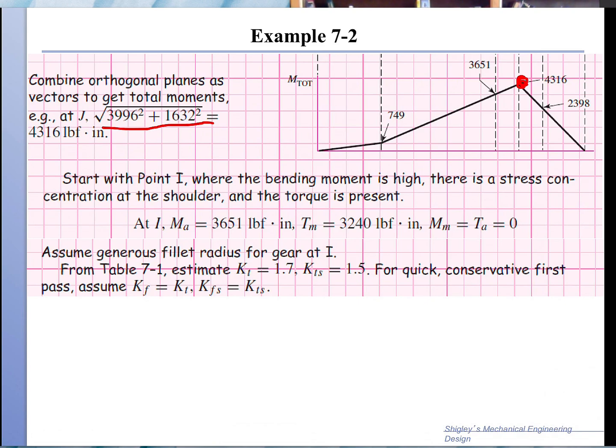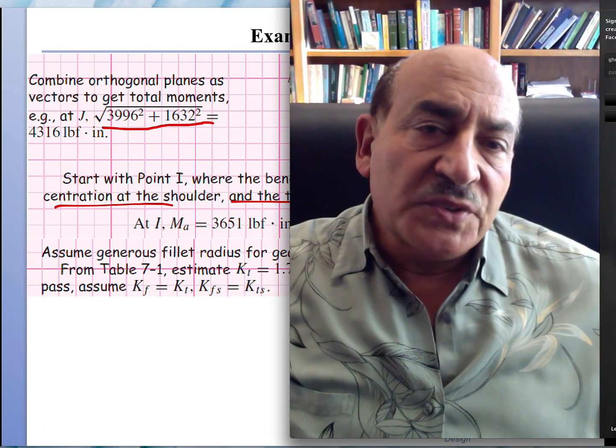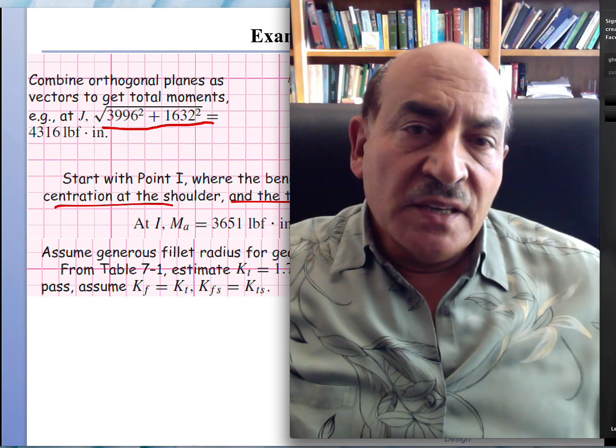So we're going to start with that because it has the highest bending moment. Not only that, but it also has a stress concentration at the shoulder, and at the same time it has a torque. So we're going to examine potential failure points by ourselves.